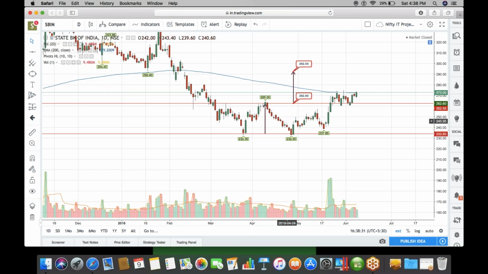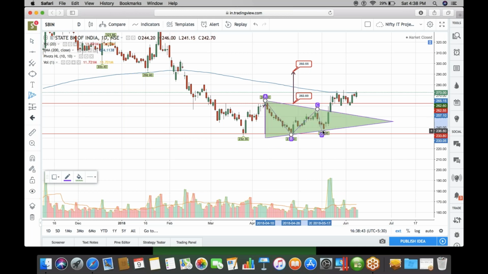Now see this. This is a triangle. Now this particular trend line must be horizontal.